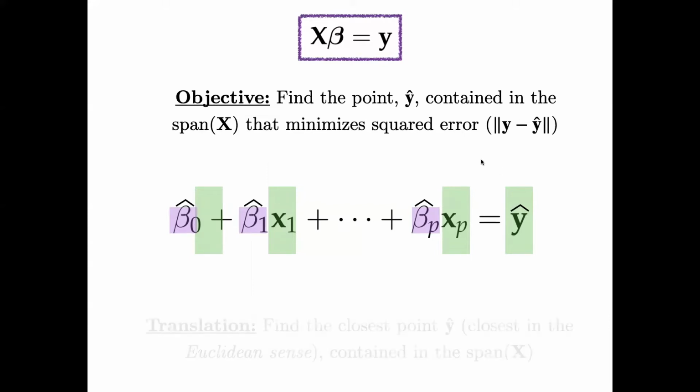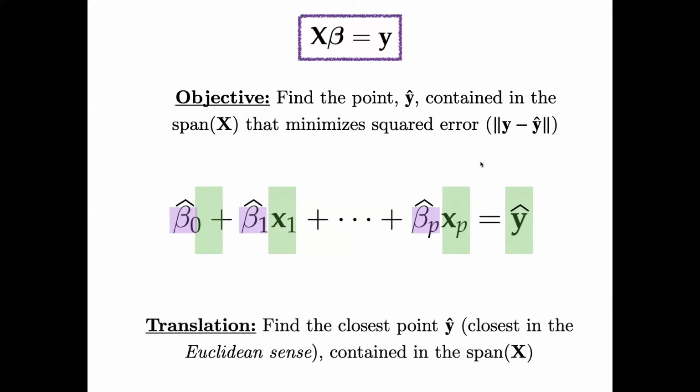And again, I can translate that objective to say that we want to find the closest point, y hat, closest in the Euclidean sense. The Euclidean sense is just our normal sense of distance, that sum of squares. So find the closest point, y hat, that is contained in the span of X. Well, let's consider this geometrically for a second. Now, the span of X, I'm not sure exactly what that looks like because I have p variables, and so that design matrix X has p plus 1 columns.